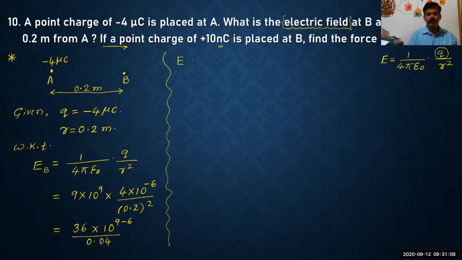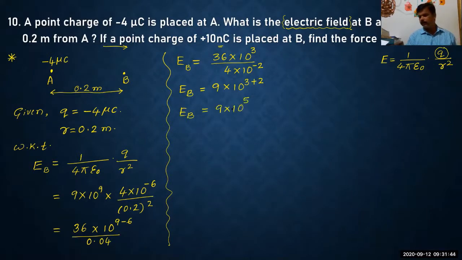Therefore, E, electric field at B, is 36 into 10 raised to 3 divided by 4 into 10 raised to -2. So therefore, 4 how much are 36? 9. 9 into 10 raised to 3. This -2 becomes +2. Therefore, now the final answer is 9 into 10 raised to 5.